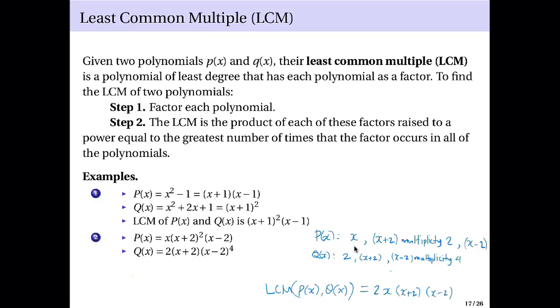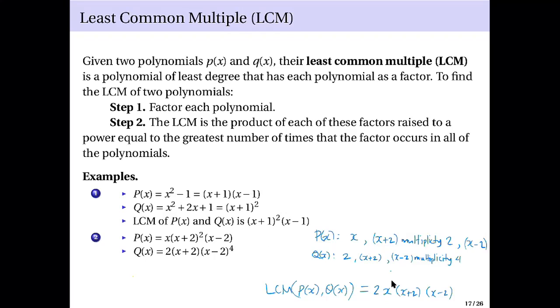Those are all the factors that appeared. Now, for x, the highest power that we see is just 1, from P of x. For 2, the highest power is also 1, from Q of x.